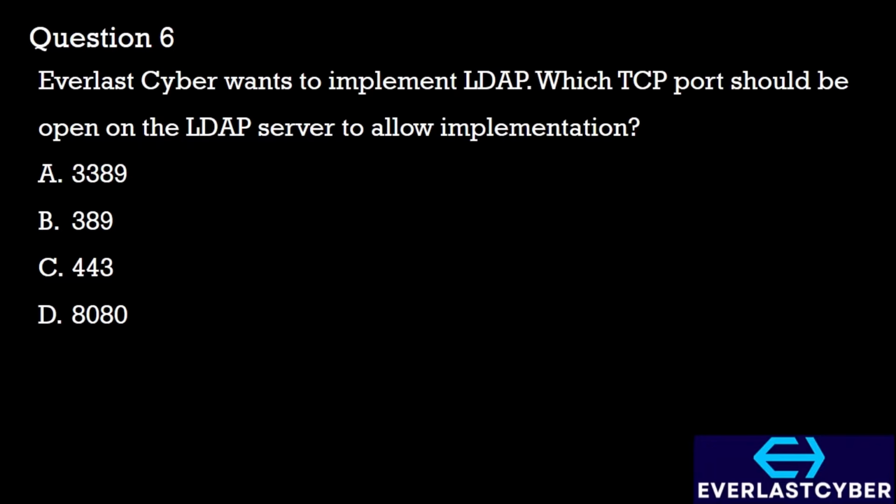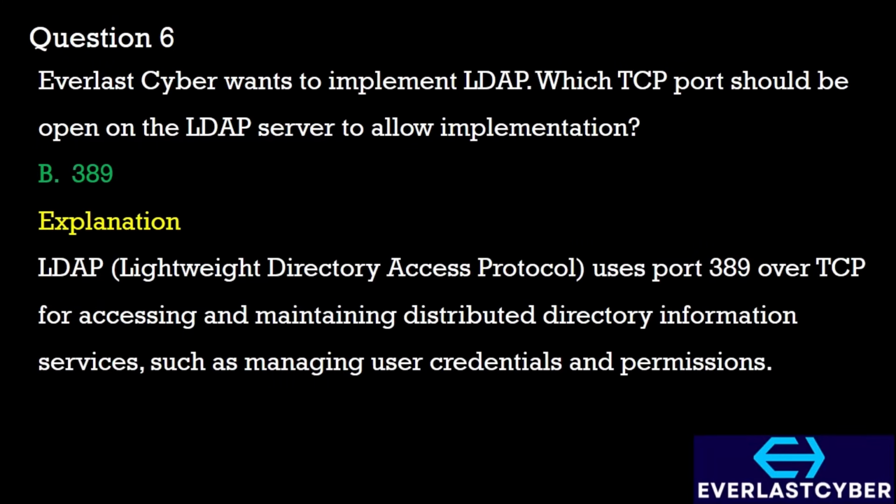Port 389, on the other hand, is used by LDAP over TCP for accessing and maintaining distributed directory information services, such as managing user credentials and permissions. Port 443 is used by HTTPS, while port 8080 is often used by web servers as an alternative to port 80. So for this question, our answer is option B, port 389.